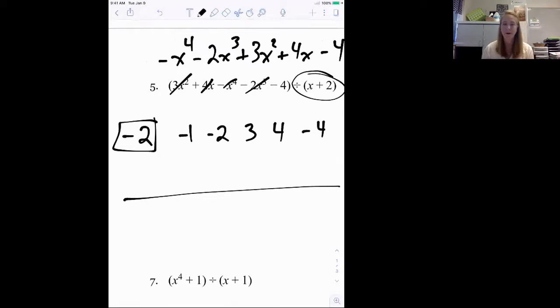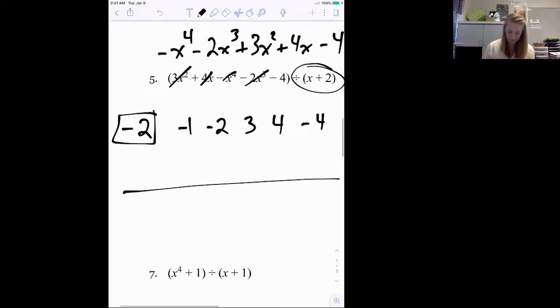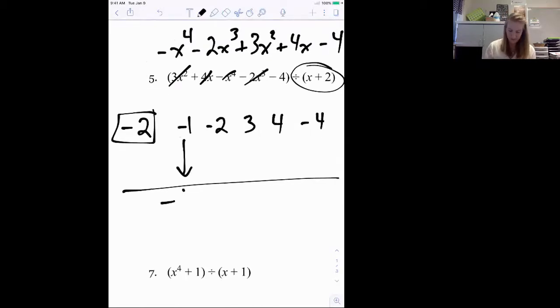All right, let's do our synthetic division. Bring down. Multiply. -2 times -1 is +2. Add. Multiply. Add. Multiply. Add. Multiply.